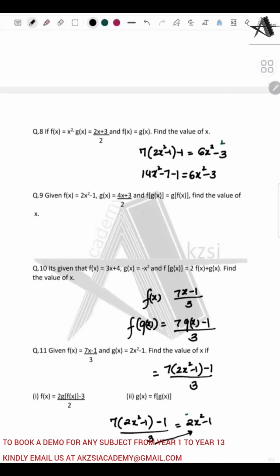This will be 8x squared minus 11 is equal to 0. So from here I can say that 8x squared is equal to 11, x squared is equal to 11 over 8, and x is finally plus minus root of 11 over 8. So these were the values of x.